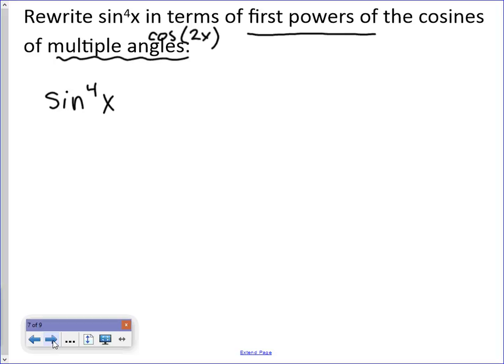No. What did I give you a formula for? Sine squared. How can you rewrite sine to the fourth so that it is sine squared? Sine squared squared, which means what? Sine squared times sine squared. So I would start by rewriting whatever I have there in powers that I have formulas for, which are squared. So sine squared times sine squared.